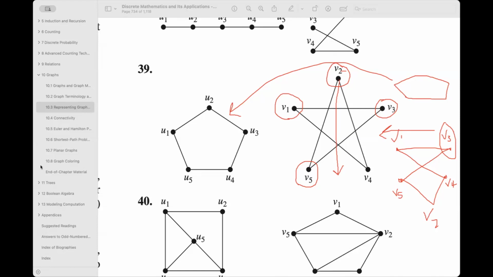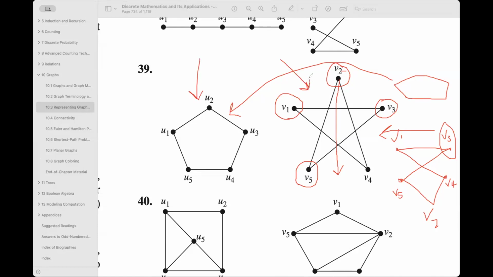So one last thing. Making this star look like a pentagon would mean we found a bijection, and since we found a bijection, that's why both of the graphs are isomorphic. So you can find a bijection from this graph to this graph.